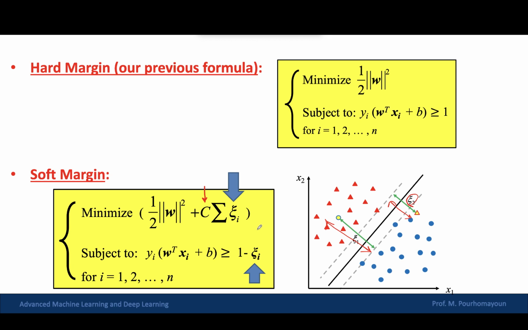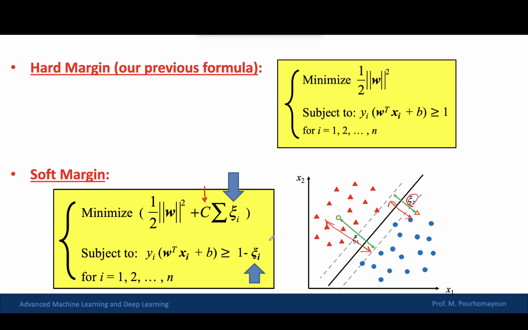But the C is in fact a value that lets you make a trade-off. We have something like that in every machine learning algorithm. So it is a trade-off between how tough you want to be in tolerating these outliers. Okay, I'm gonna talk about this.